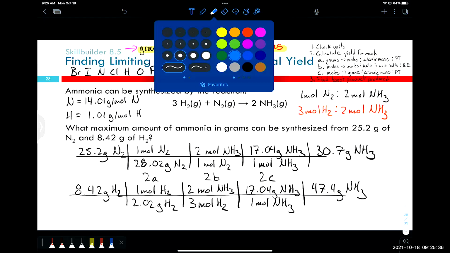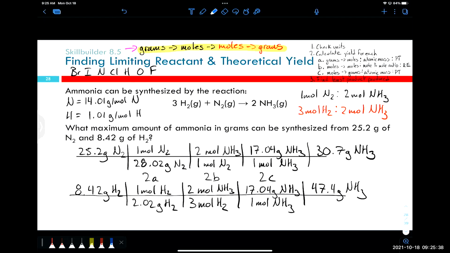So again, it's not specifically listed here, right? But we're looking for the maximum amount of ammonia. So we've been using blue for the limiting reactant. So which of these is our limiting reactant? Right. Nitrogen's the limiting reactant.